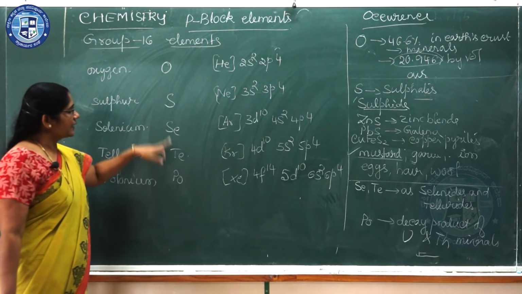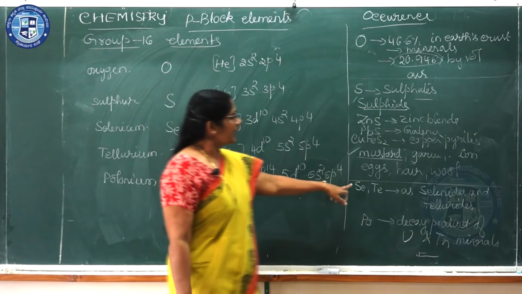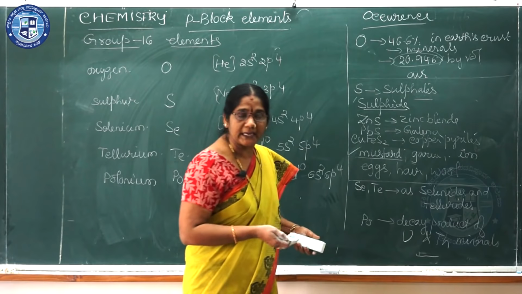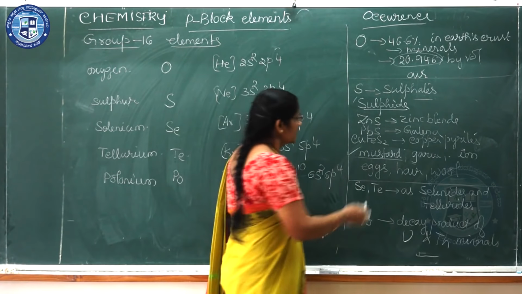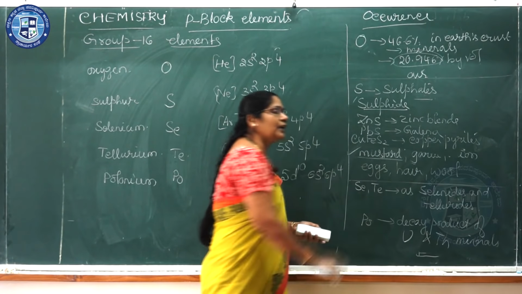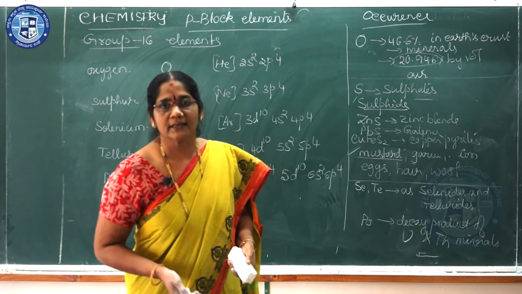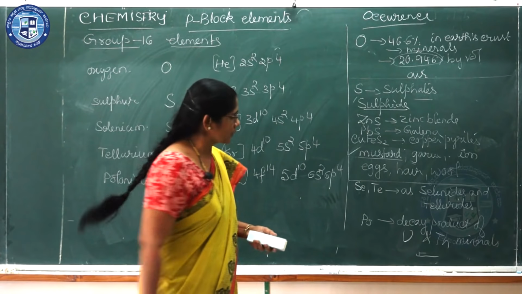Then coming to selenium and tellurium. Like sulfur as sulfides and oxygen as oxides, in the same way selenium and tellurium are present as selenides and tellurides in the Earth's crust along with some sulfide ores.